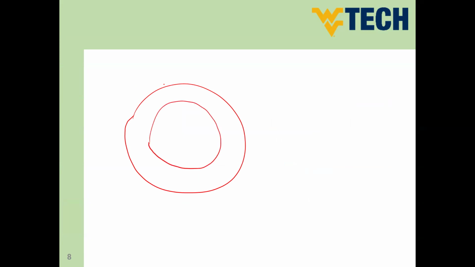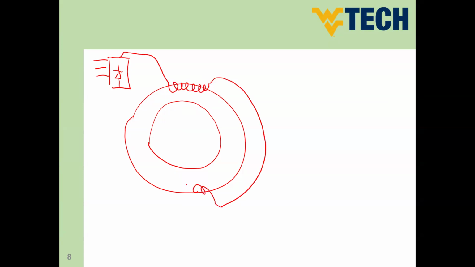On the stator side, we have the DC winding, or the AC supply is connected to the rectifier circuit, and the rectifier circuit will connect the supply to the stator winding like that. So these windings now will have DC.